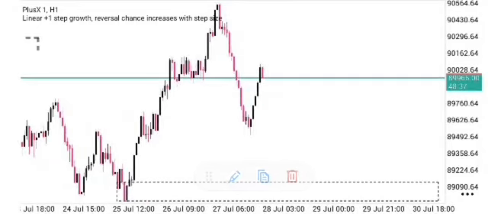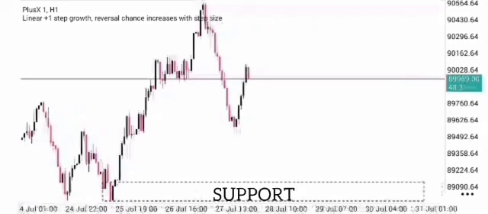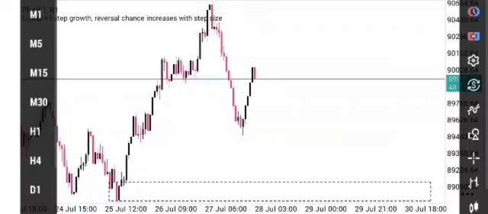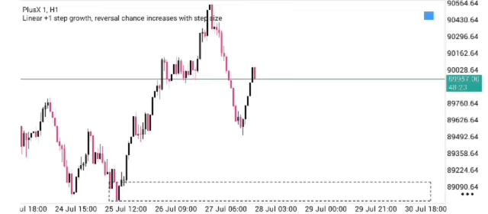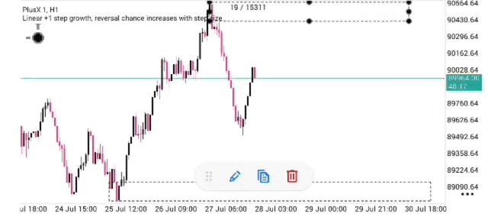So this is called the extreme zone. Okay, and then we have our resistance there, at the top.